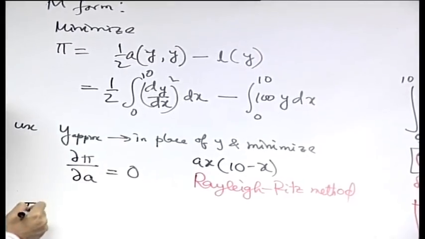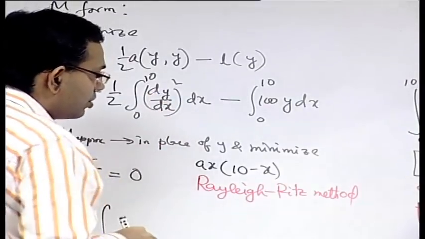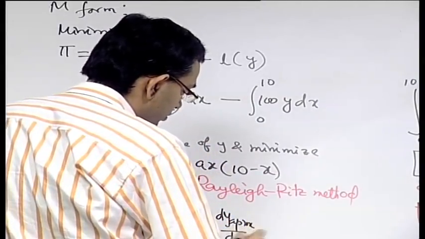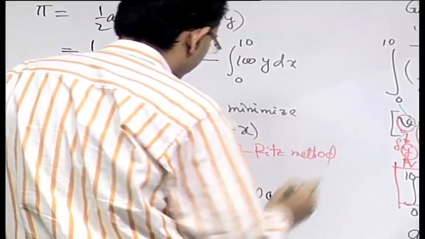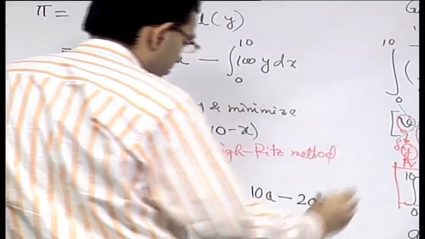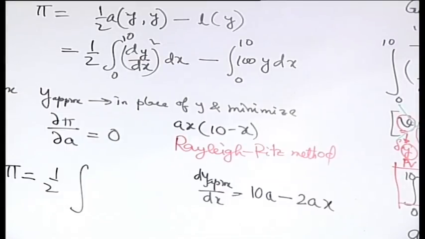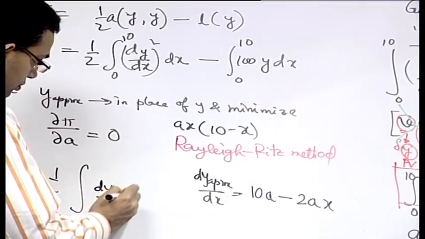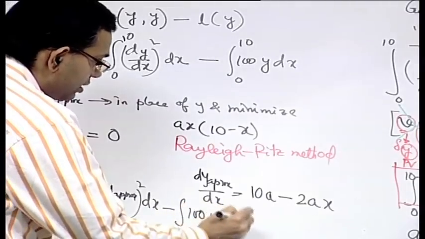So, let us do this exercise. In place of dy/dx we will be approximating it with d(y approximate)/dx. So, then pi will be half integral of (d y approximate/dx) whole square minus 100 y dx.